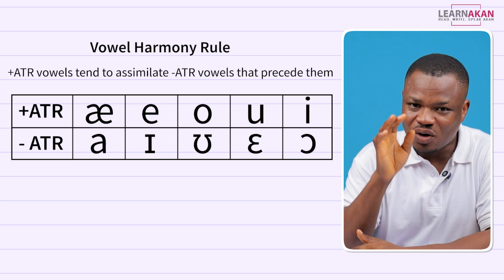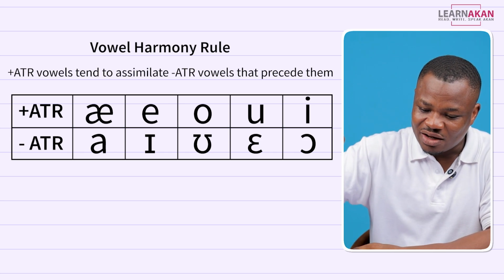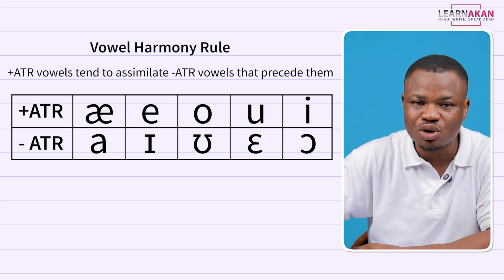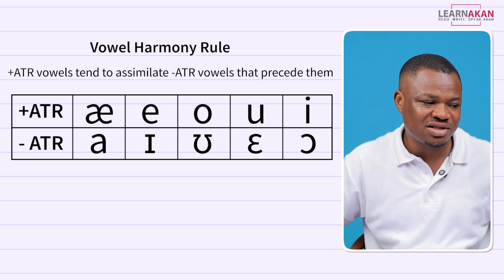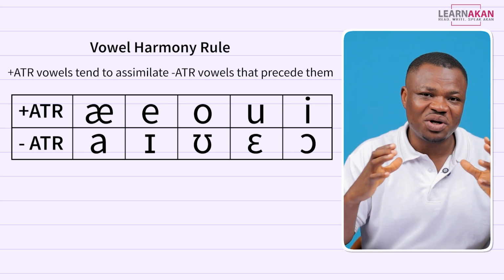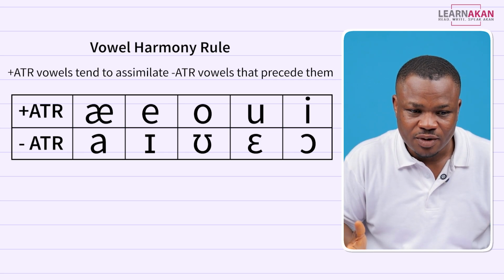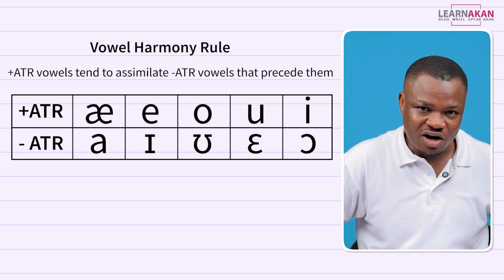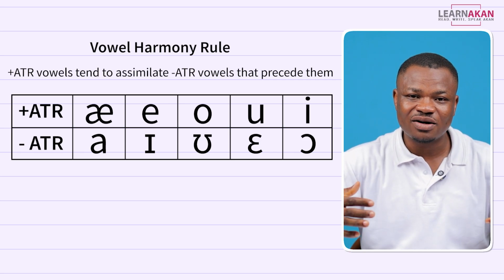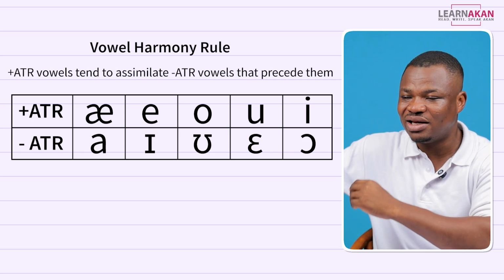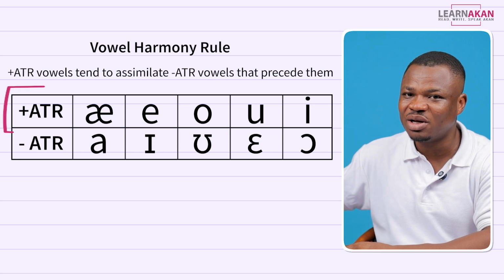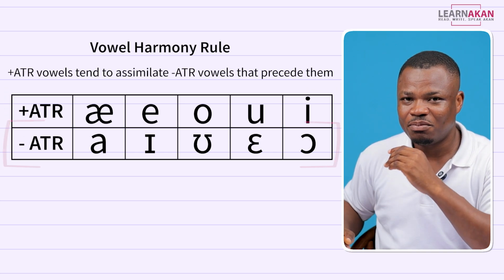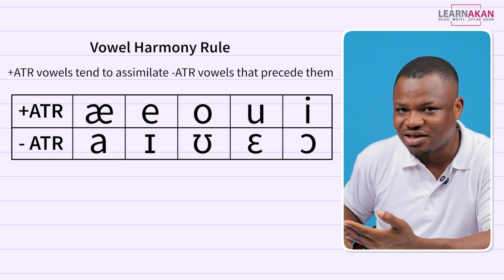So what we are saying is the vowel harmony rule ensures that there is almost always harmony amongst the vowel sounds within an environment. So in an ideal situation, you have an environment where all the vowel sounds in there are from within the same ATR set, either from the plus ATR set or from the minus ATR set. But this is not always the case.